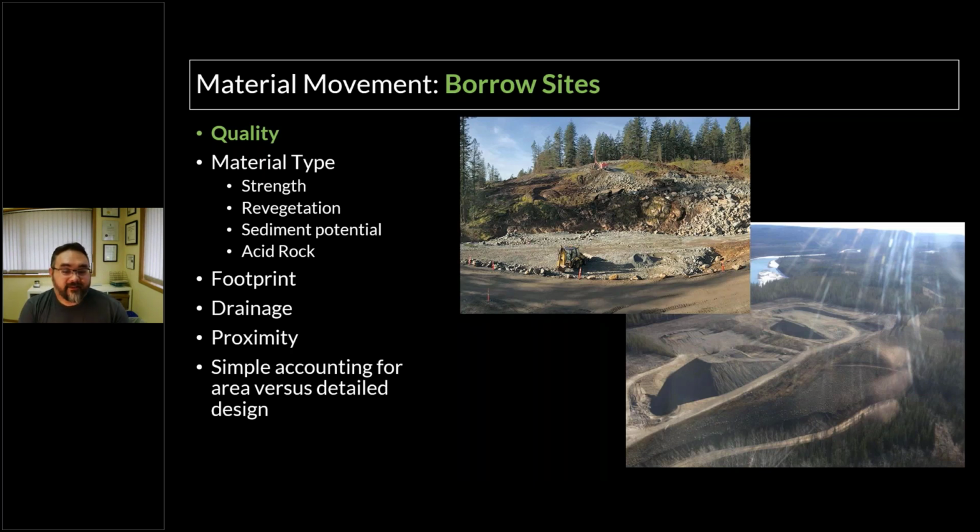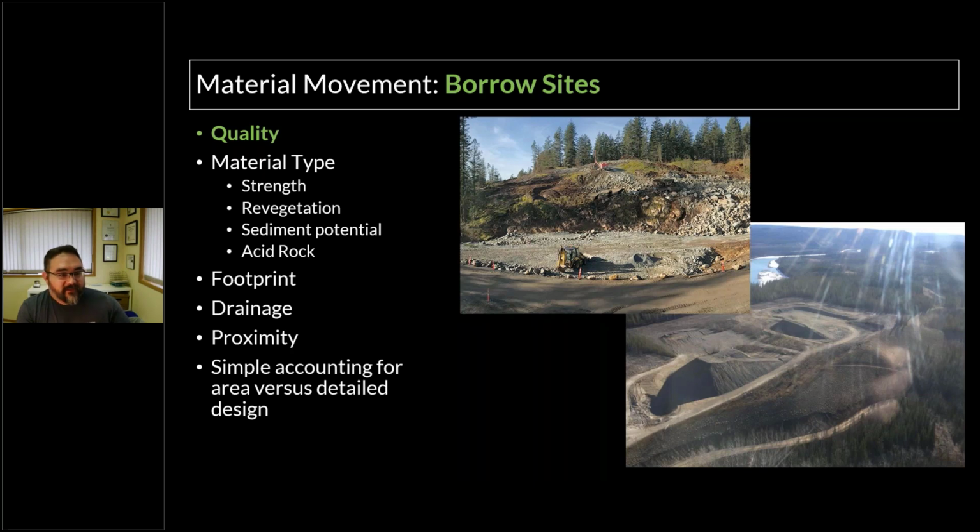And depending on the size and complexity, you can decide whether you just need to account for the overall size of that borrow or whether it needs a separate detailed design. And sometimes that design is just the overall shape. And sometimes that design is a construction sequence of how you'll actually exploit that material properly. But again, planning for these things and understanding them ahead of time are going to give you the most opportunity to think about and minimize the impacts of it.